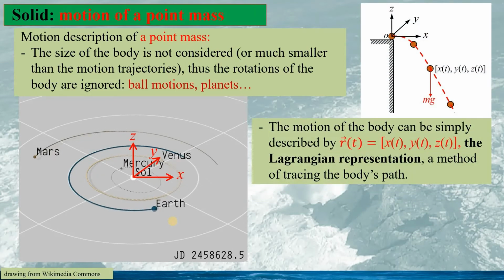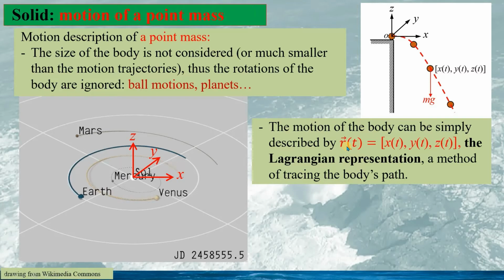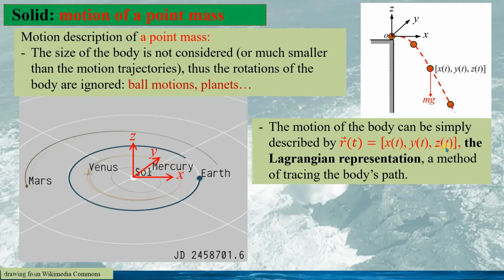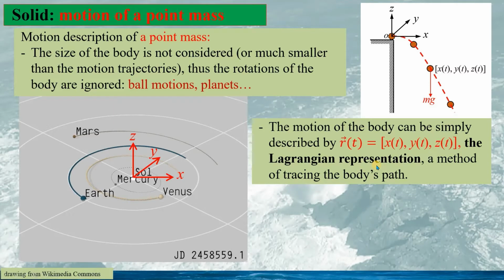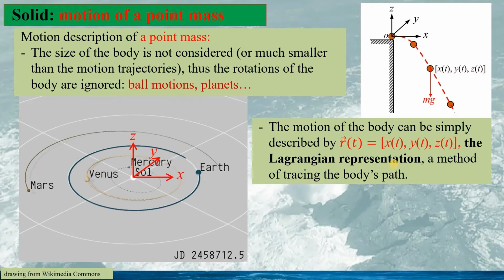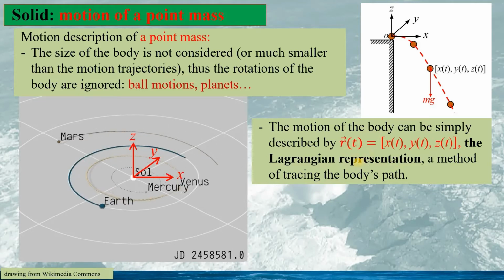The motion of a point mass can be simply expressed as the vector r with three components x, y, and z. Such a motion description is the Lagrangian representation, or the Lagrangian method, a method for tracing the motion path.